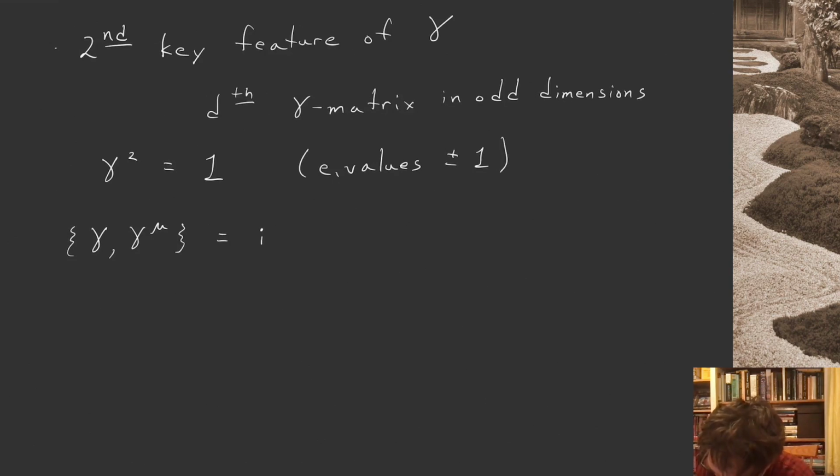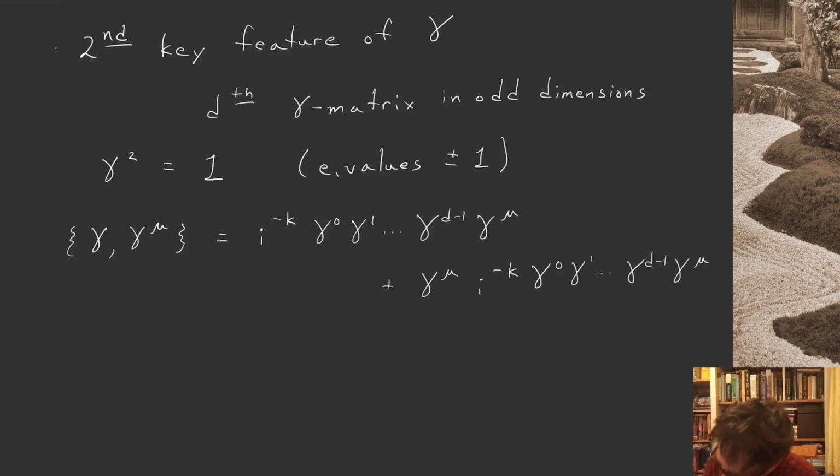So the definition here was i to the minus k, product of all the gammas, and then we add it in the other order. And now we see if we try to move this gamma mu matrix to the front, what will happen is it will anti-commute through all of the gamma matrices except itself, which it will meet once. I'm using slightly confusing notation.